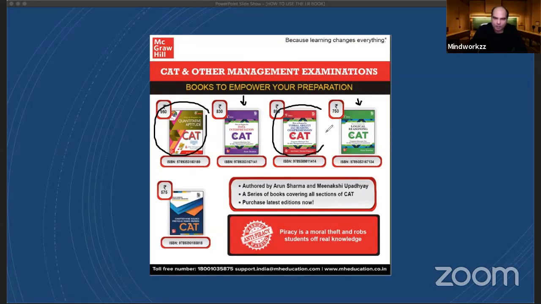Since quantitative aptitude has not been done this year, this will also go to next year. So there will be an edition, but by the time these editions come, it will be June, July at least for DI and LR. So it'll be too late by that time. You'll end up wasting time.